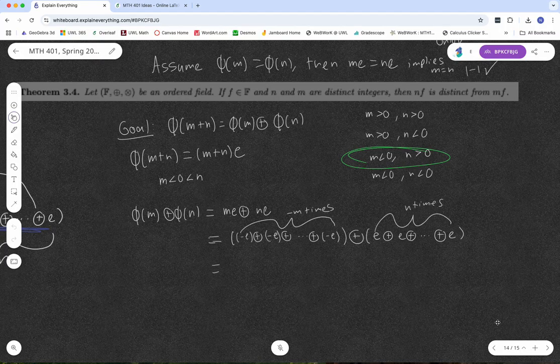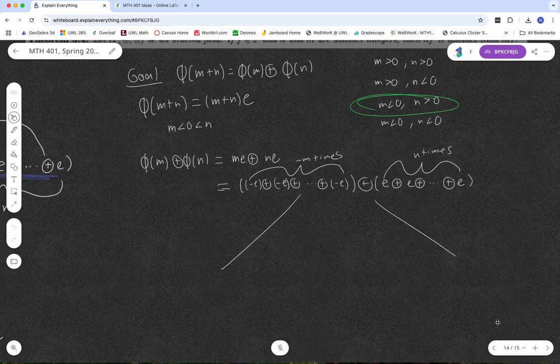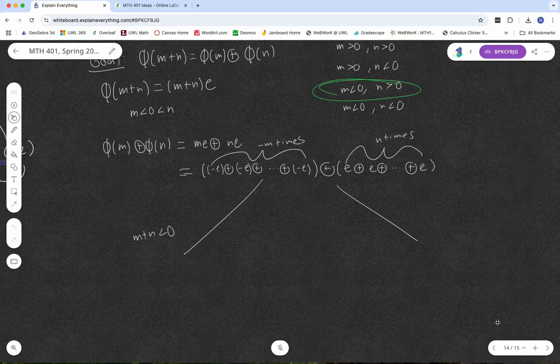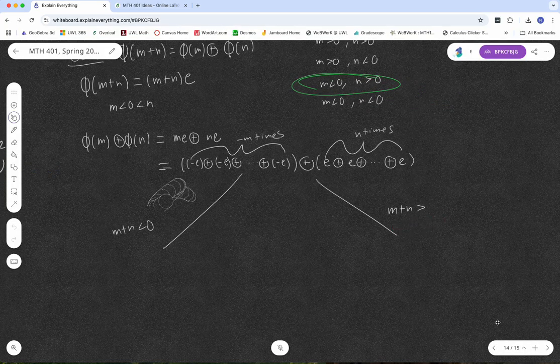Now I'm just trying to count. This is going to split into two cases: m plus n less than 0, or m plus n greater than 0.